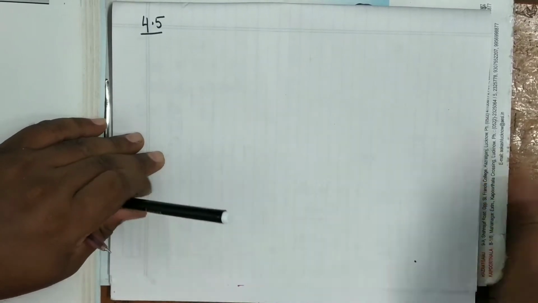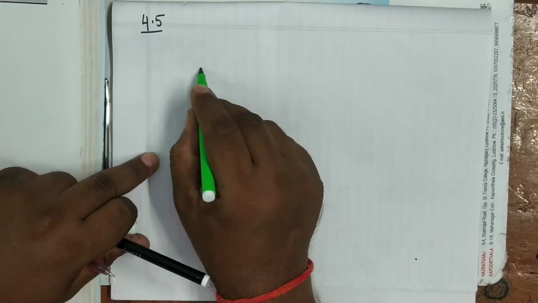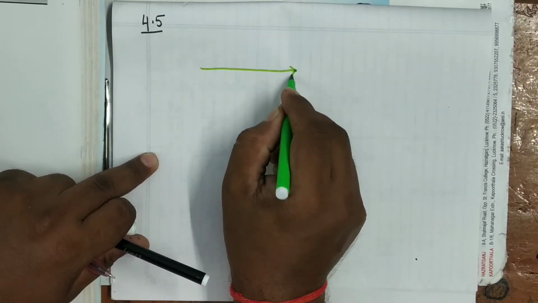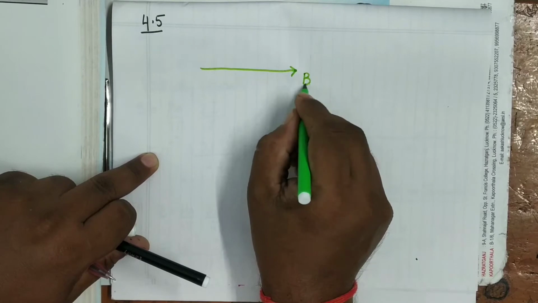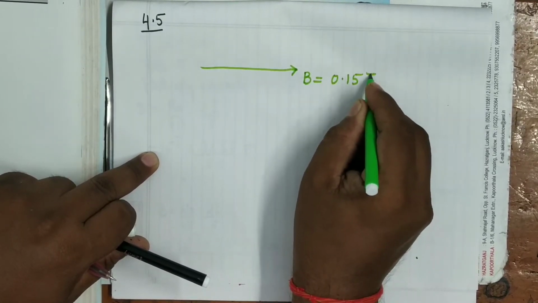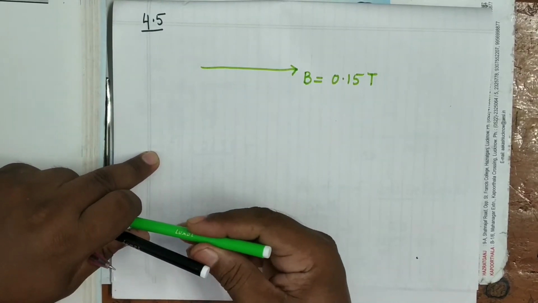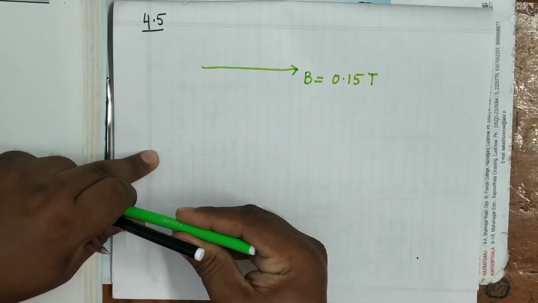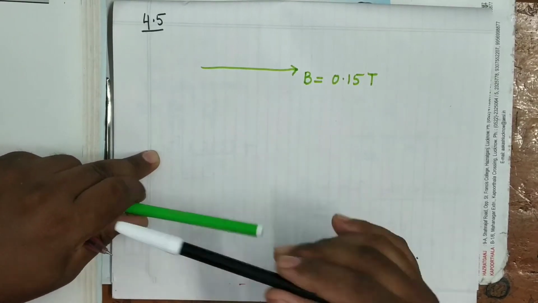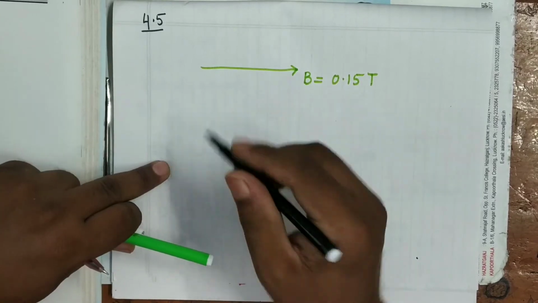First make the diagram, and the things will become easier. Here B is 0.15 Tesla, and the current carrying wire is carrying a current of 8 ampere and making an angle of 30 degree with the direction of the uniform magnetic field.